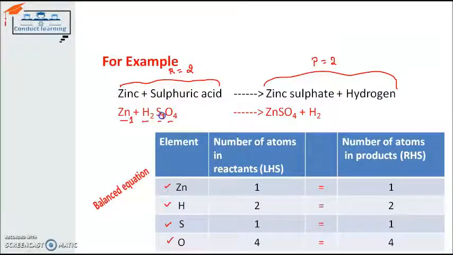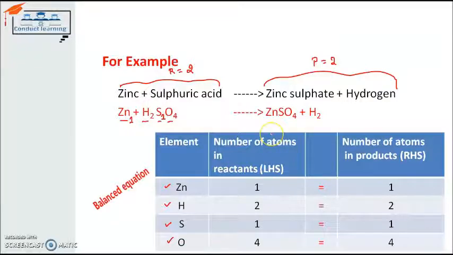So zinc has 1 atom, hydrogen has 2 atoms, sulfur has 1 atom, and oxygen has 4 atoms. This is how I calculate the number of atoms in the reactants of this equation.